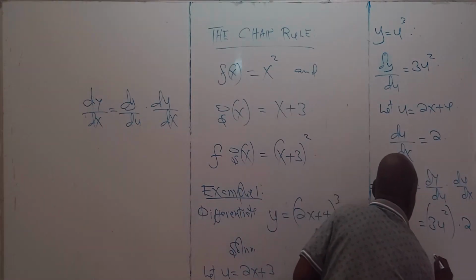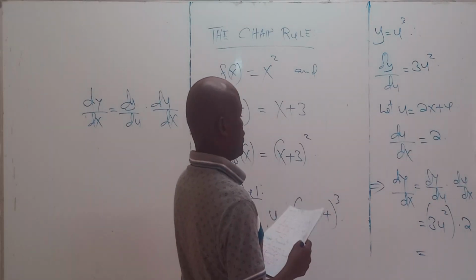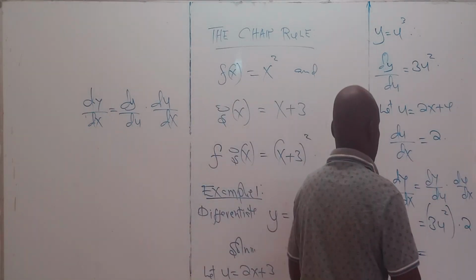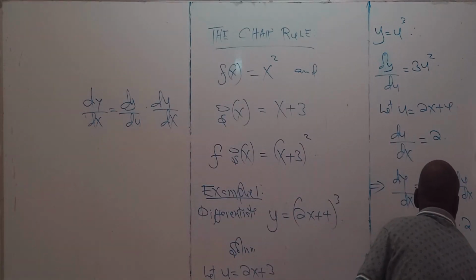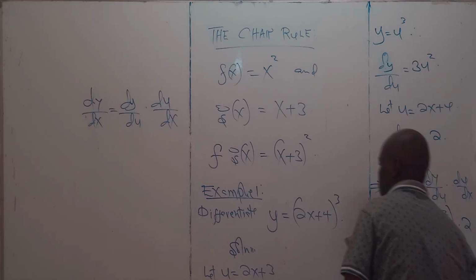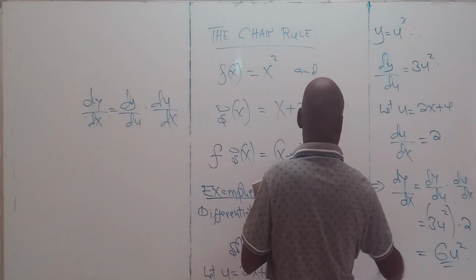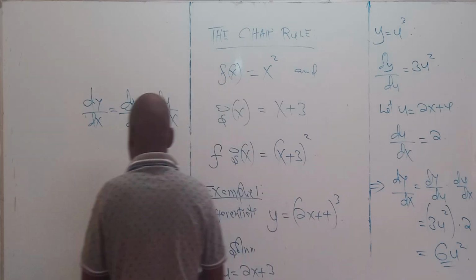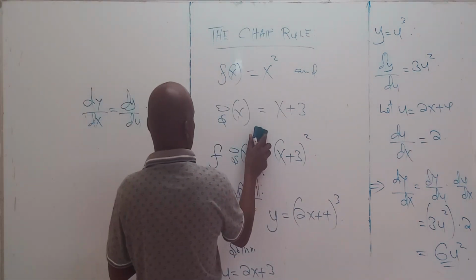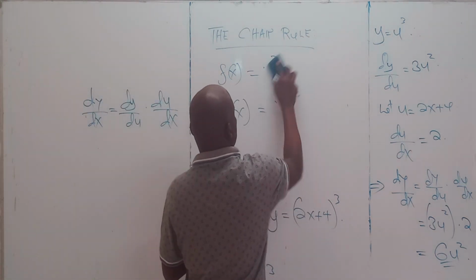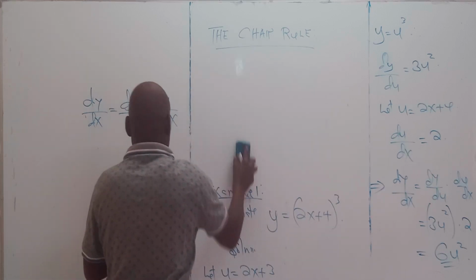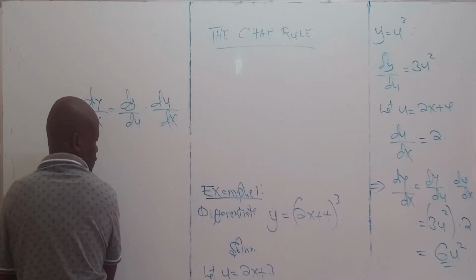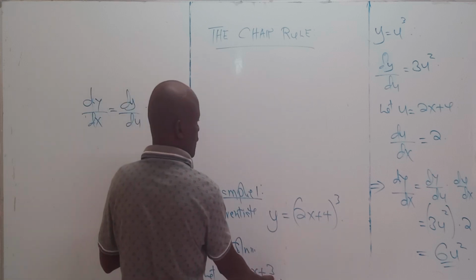So I end up with my result as 6u squared. So my answer in this case is 6u squared. But then what was u? We see that u simply represented 2x plus 4.